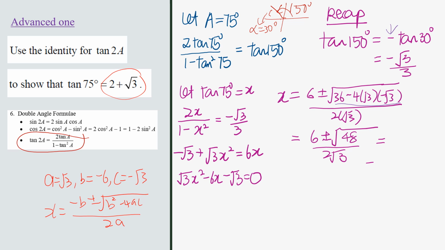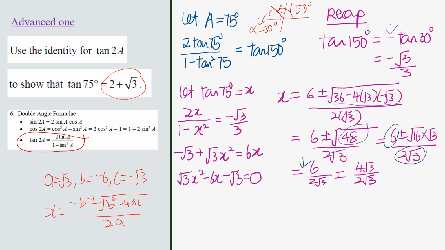If you remember your surds, this can be simplified into square root 16 times square root 3. Then you can split it into two fractions: 6 divided by 2 square root 3, plus minus, this one over this to give you this, and this over this to give you this one.